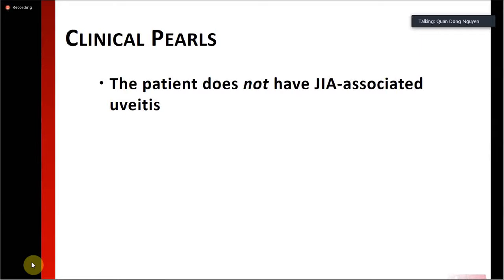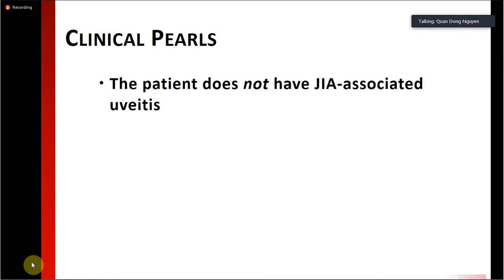I believe, as Dr. Foster mentioned and David mentioned, this patient probably does not have JIA-associated uveitis. Does anyone feel differently? Now, Dr. Chu mentioned that perhaps this could also be a case of sarcoid. Would that be the case here or not?